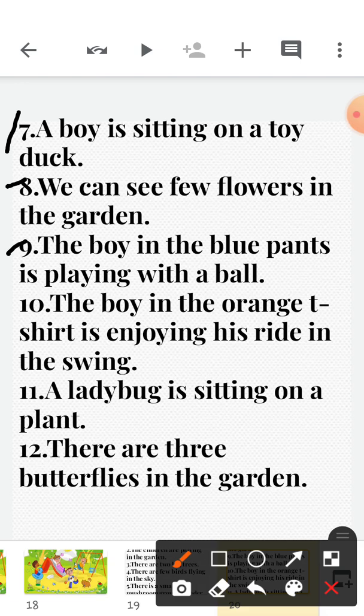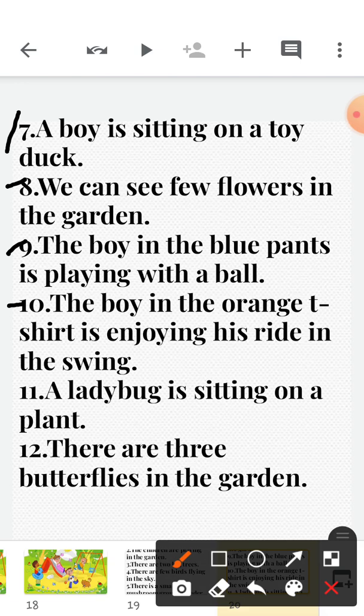The boy in the blue pants is playing with a ball. 10th one, the boy in the orange t-shirt is enjoying his ride in the swing.